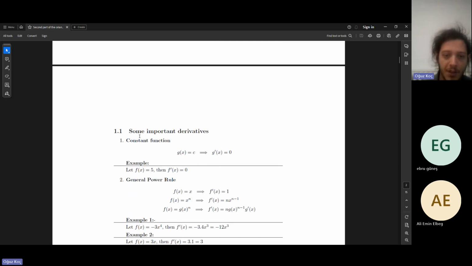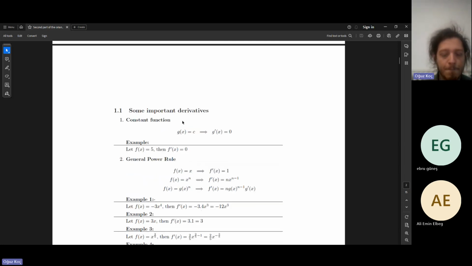And also, we have some important derivatives. We already mentioned the function types in the first part of the orientation lecture. We have the constant function. If you take the derivative of a constant function, which does not include any variable, we don't have any x value here.